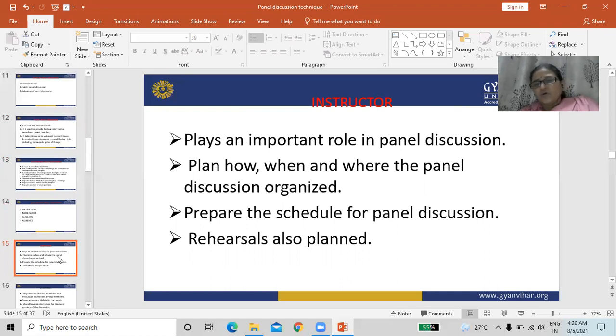The instructor prepares the schedule for the panel discussion. Rehearsal is also planned by the instructor. So the instructor plays an important role, as the planning for successful execution depends on the instructor.